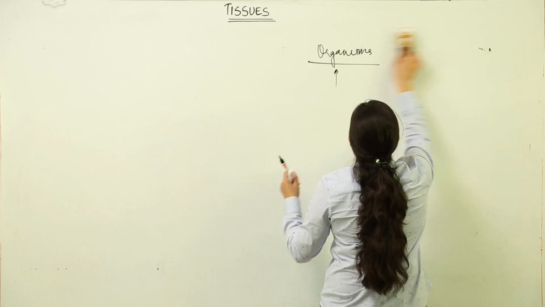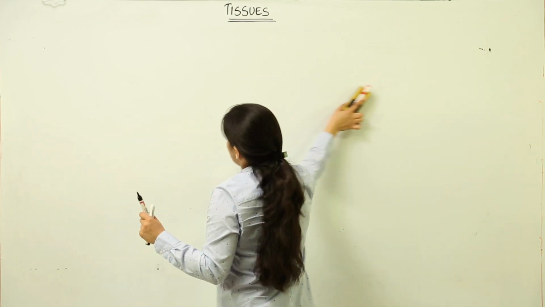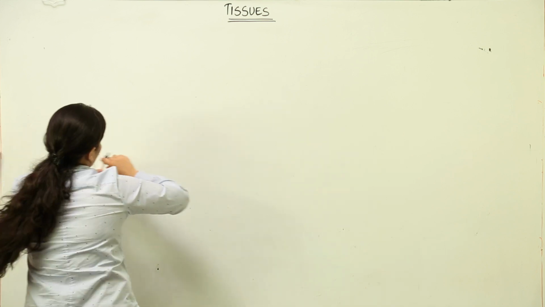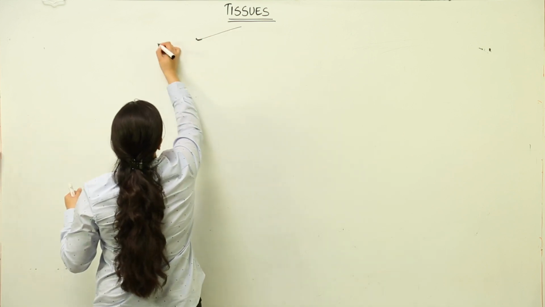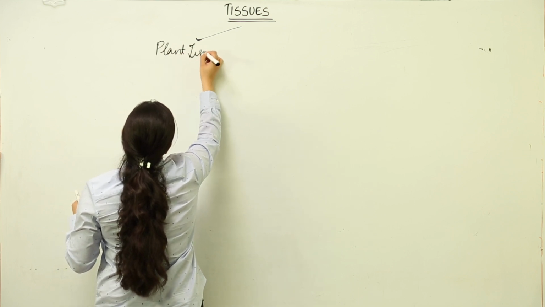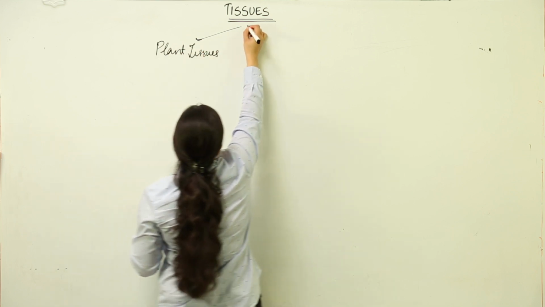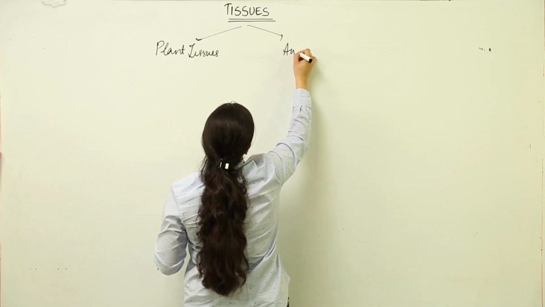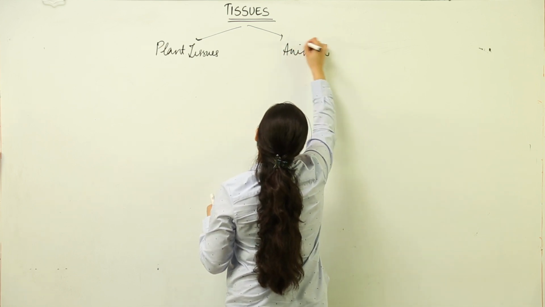So we have two types of tissues, plant tissues and animal tissues. And the second one is animal tissues.